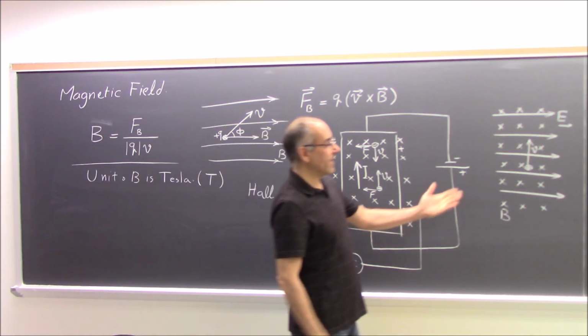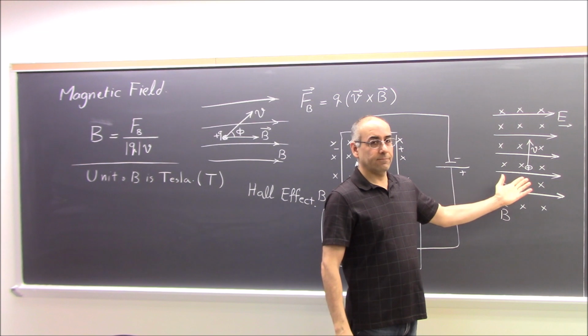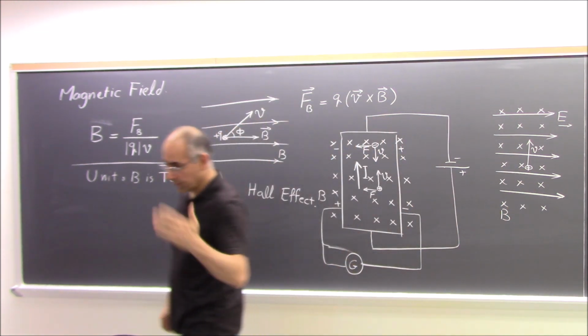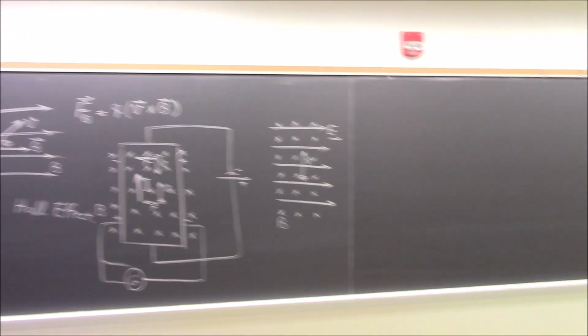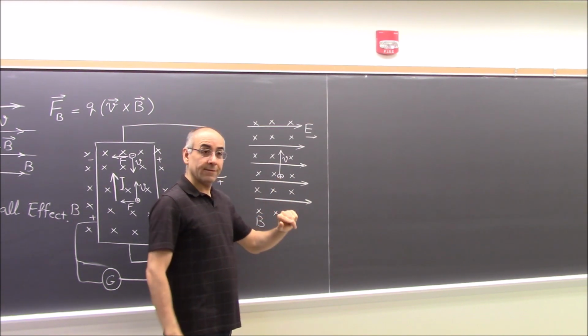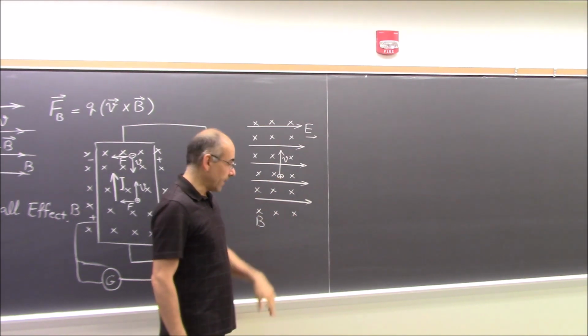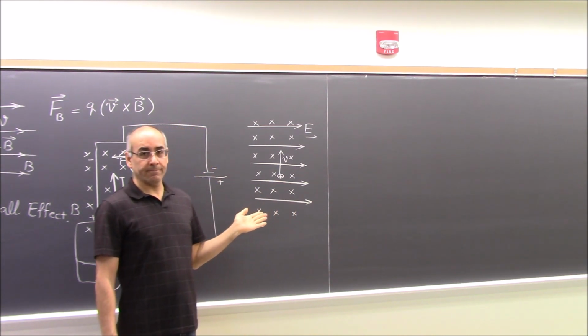How many forces are acting on this charge particle? If you ignore force of gravity, which is usually much smaller than electromagnetic force. Two. Which ones are those? The magnetic and the electric. Magnetic force and electric force. Which direction is the electric force?